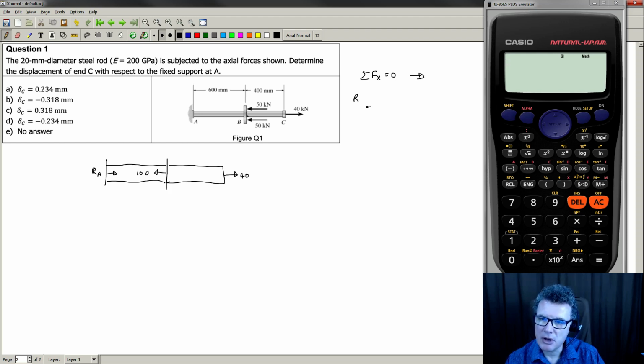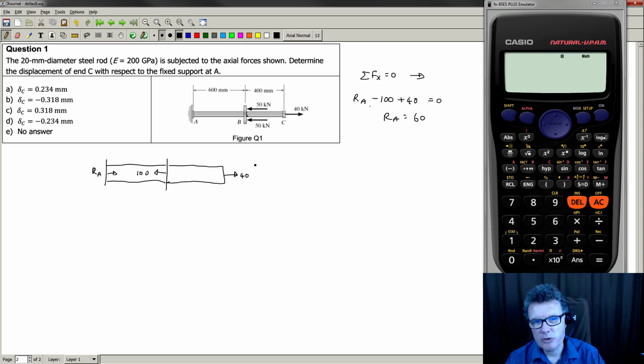So I've got RA take away 100 plus 40 equals 0. RA is going to be 60. Didn't need it, but that's good enough.